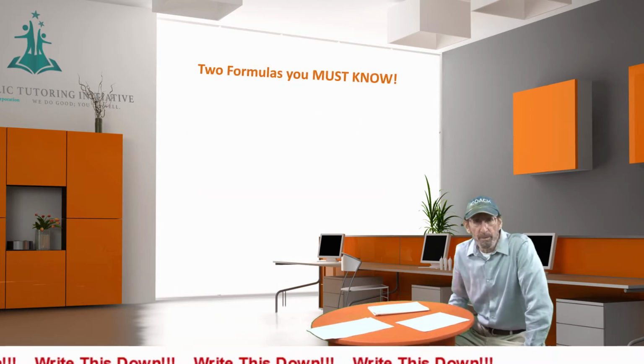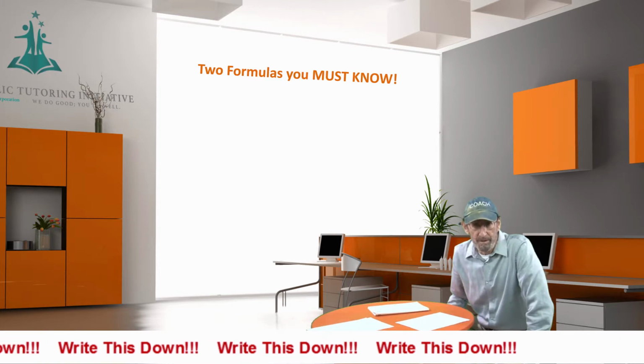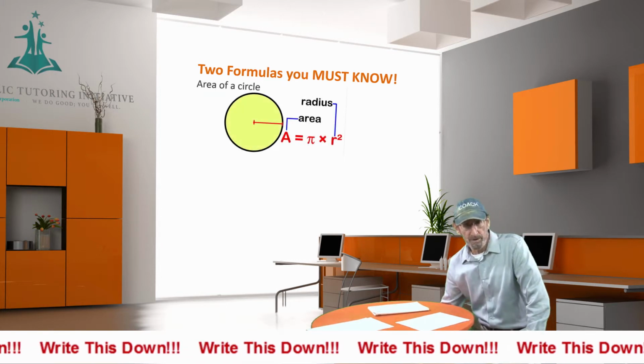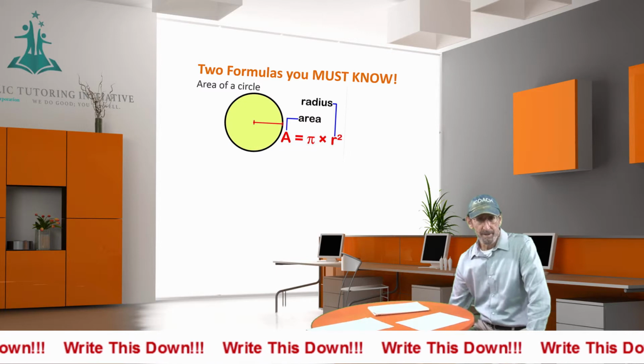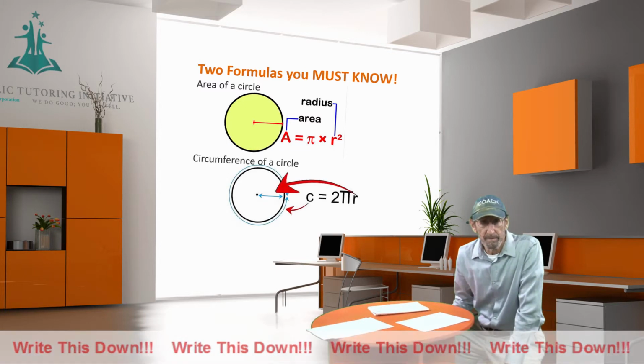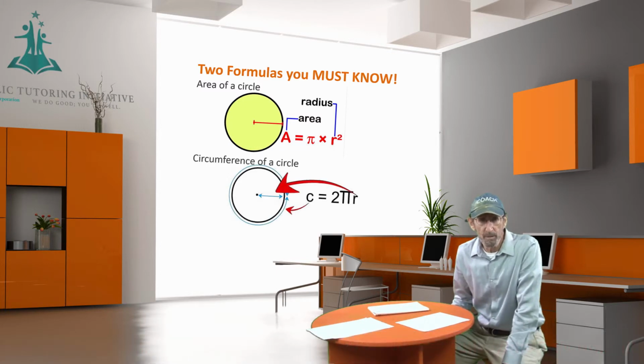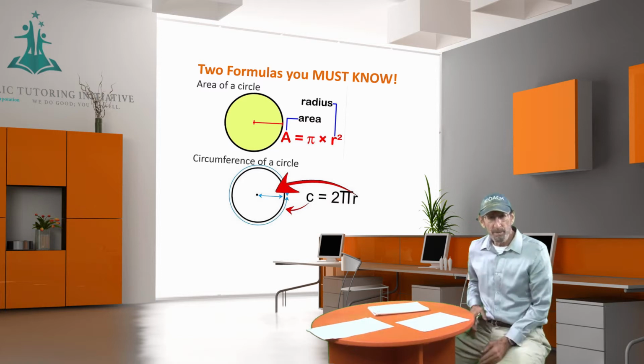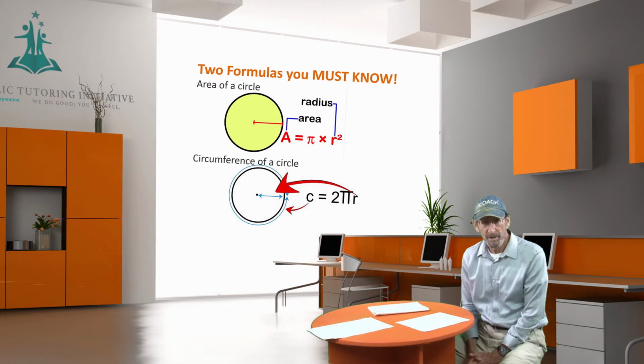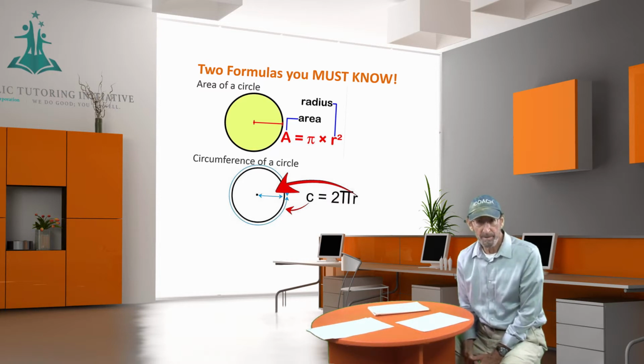Okay, now for two formulas you must know. The area of a circle is equal to pi times the radius squared. The circumference is equal to 2 pi times the radius. These formulas are easily confused because each one has a pi, a 2, and an r.